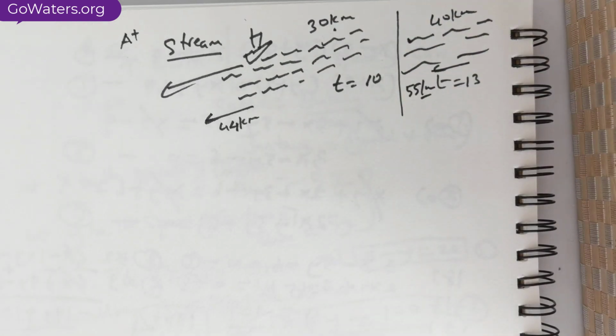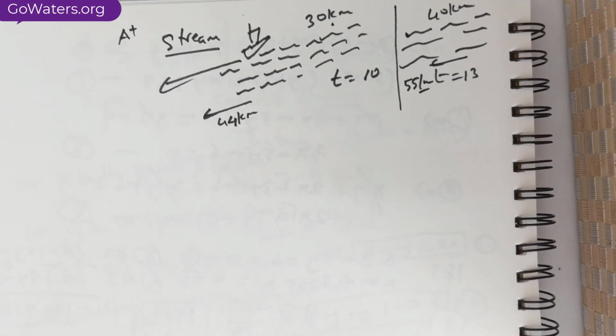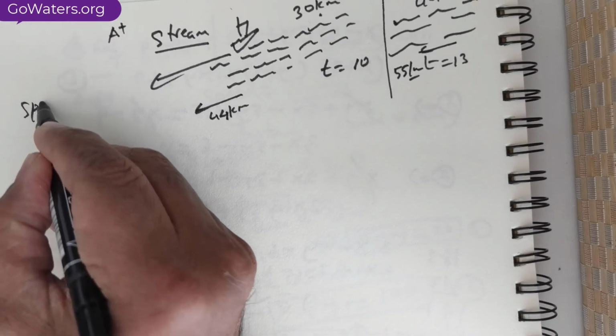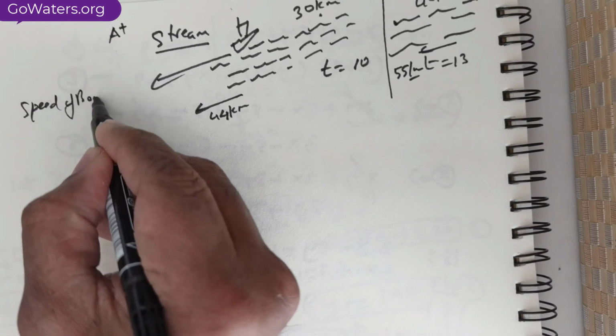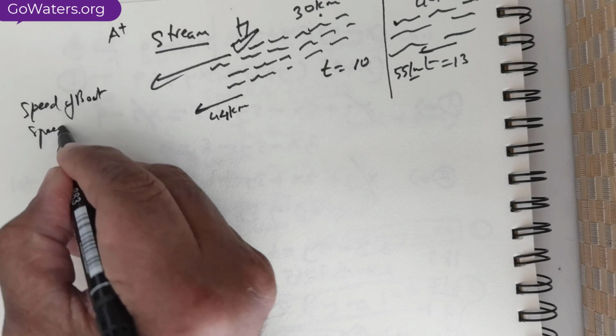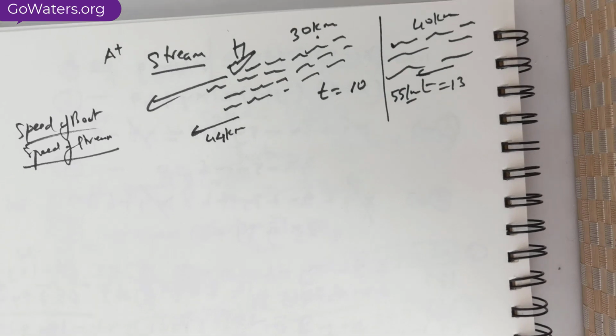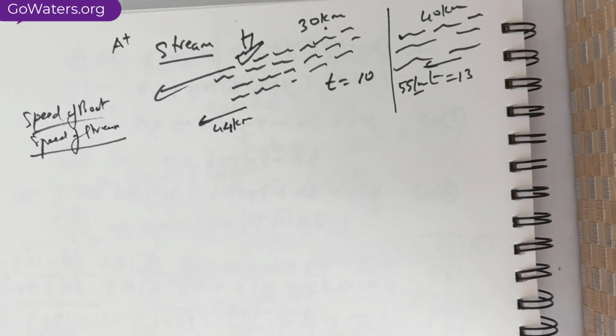And we are asked to find the speed of the stream and the speed of the boat. So this is a very interesting question. Let me write that down. They are asking us to find the speed of the boat and the speed of the stream. So two things have to be found out from this question.